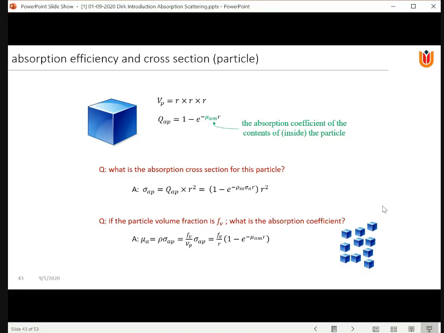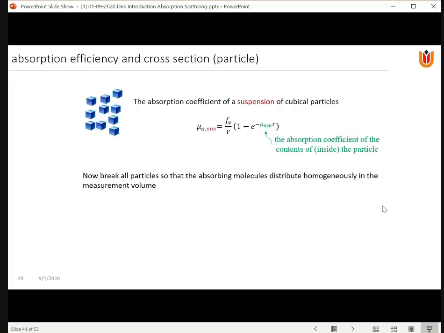And I get an expression for the absorption coefficient of a collection of these particles, which are present at a certain volume fraction Fv in the measurement volume, and it is expressed as a function of the absorption coefficient of what is inside the particles. That's that same expression. I'm going to give that a subscript sus for suspension, because we're dealing with the suspension of these cubic particles.